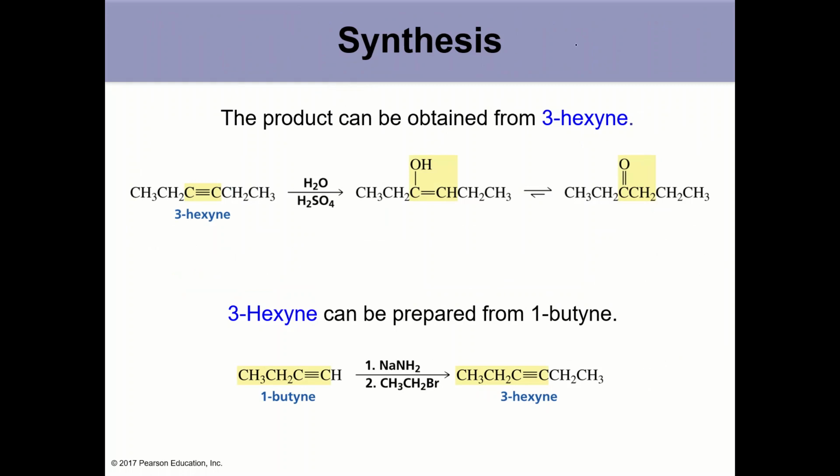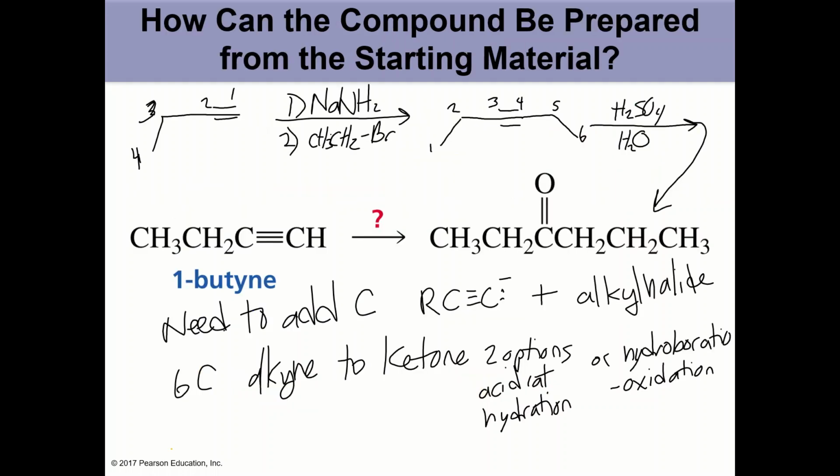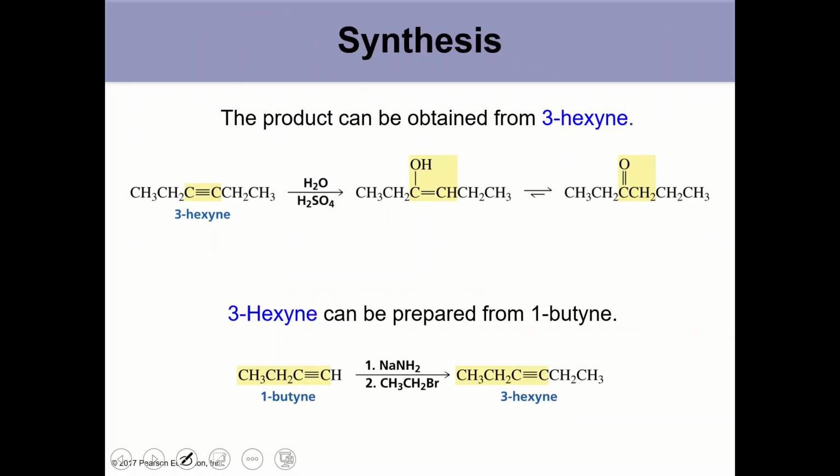So looking at your book's suggestions, they're saying, okay, the product can be obtained from 3-hexyne, the alkyne that we made.